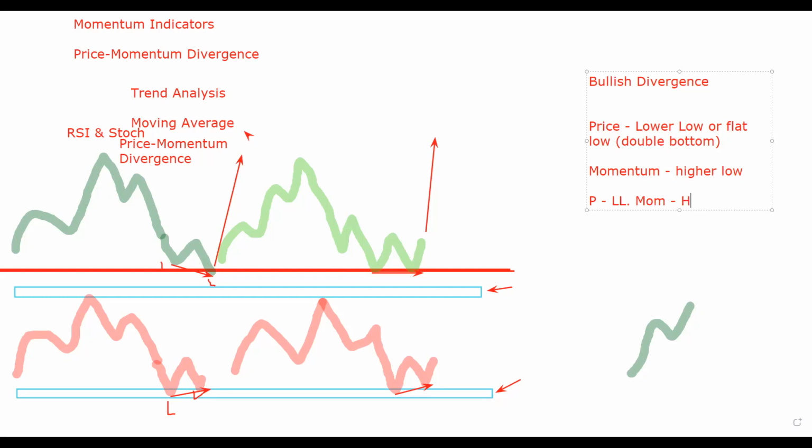A higher low. That's one. Or price can be making a flat low, call it FL, and momentum making a higher low.